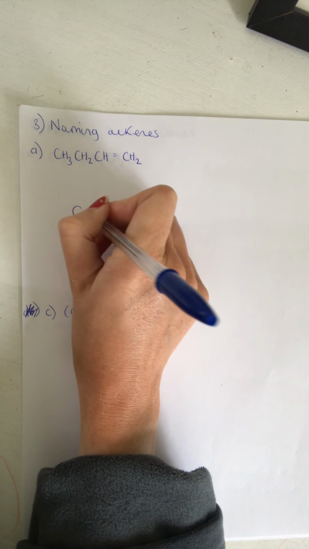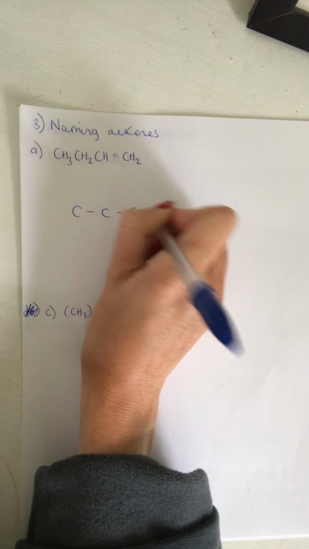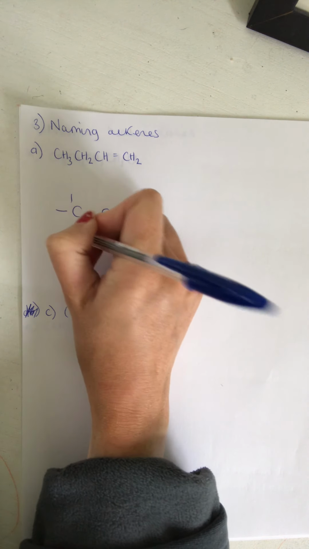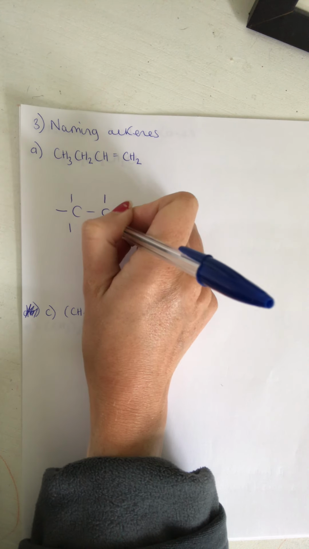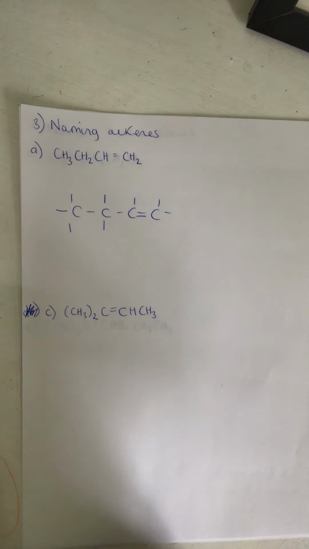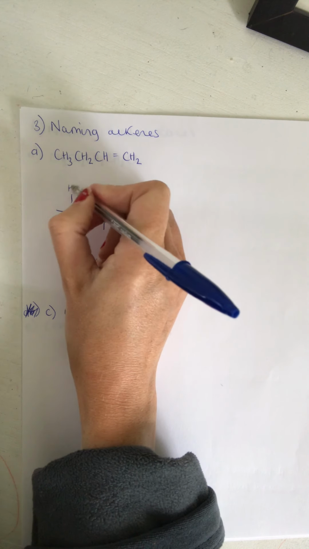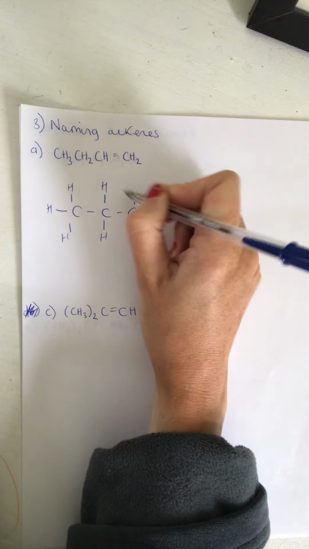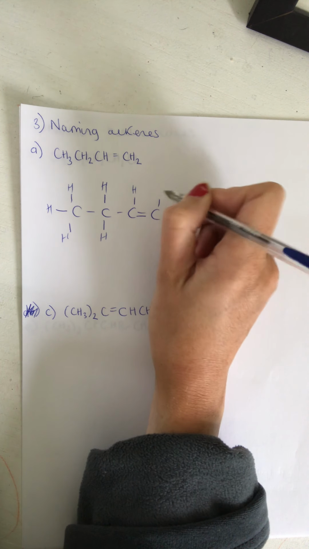So I'm just going to say 1, 2, 3, 4. I've got a double bond there, so I'm going to put that in there. And then I'm just going to make sure my carbons have got the right number of bonds. CH3, CH2, CH, double bond, CH2.